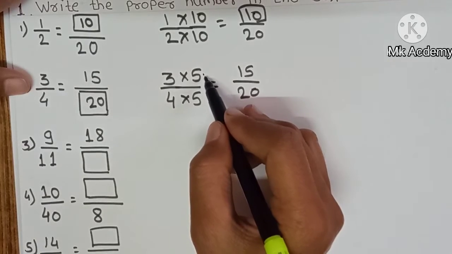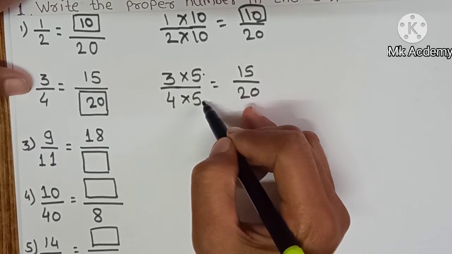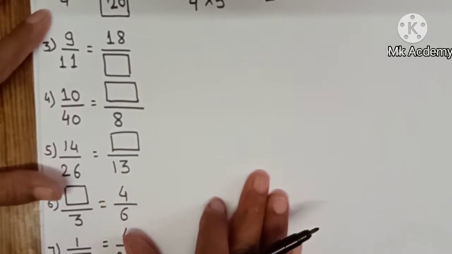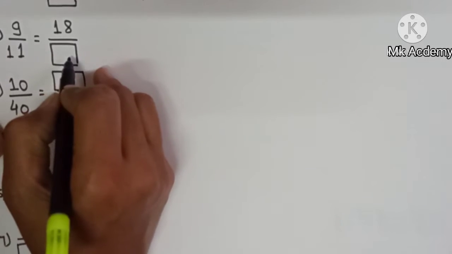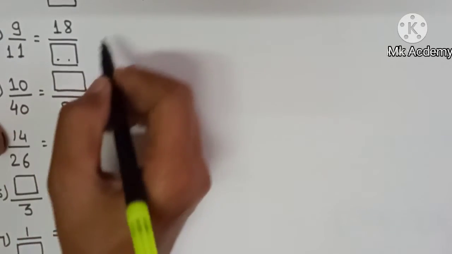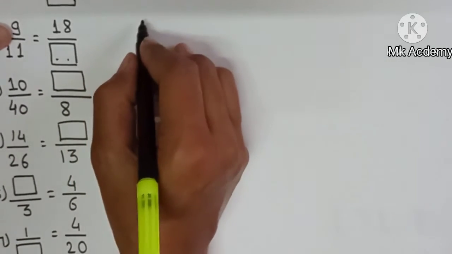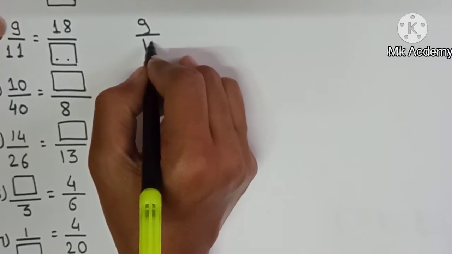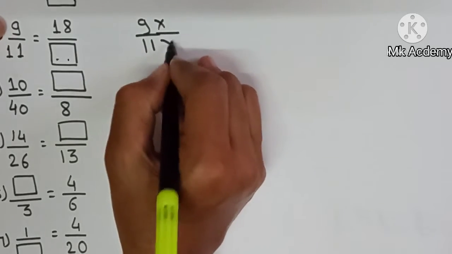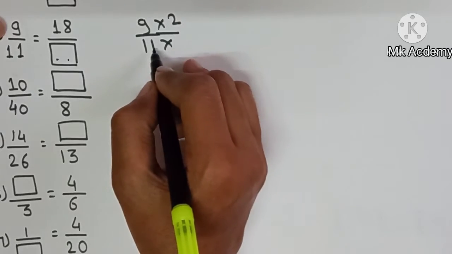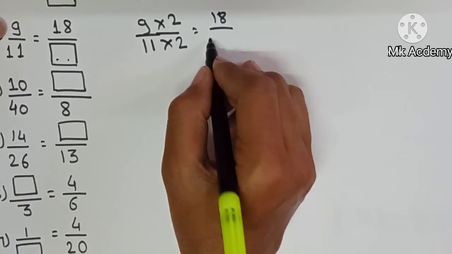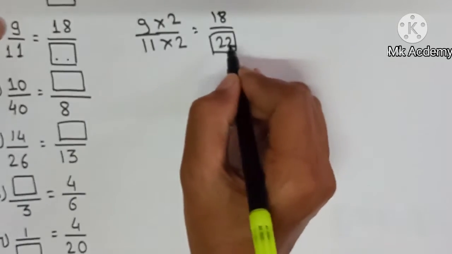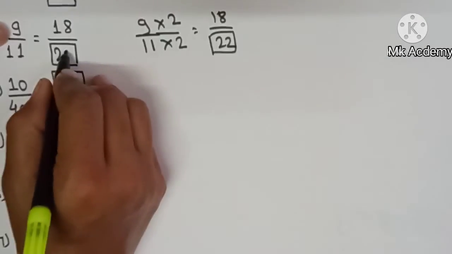We multiply numerator and denominator by the same number. Now example number 3, 9 by 11 is equal to 18 upon box. Now 9 by 11, we multiply 9 by 2, then we have to multiply 11 also by 2, then 9 2s are 18 and 11 2s are 22, means we have to write 22 in the bracket.